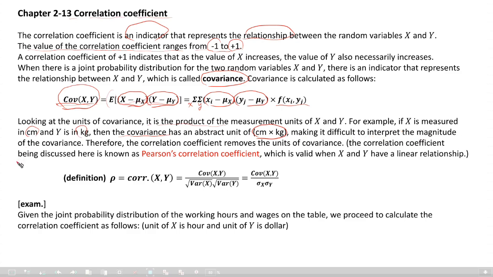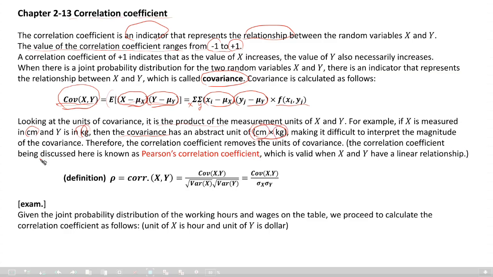Even for the same data, if the input is in grams, not kilograms, the unit becomes centimeter times gram and the magnitude changes by 1,000 times. Therefore, the correlation coefficient removes the unit of covariance.